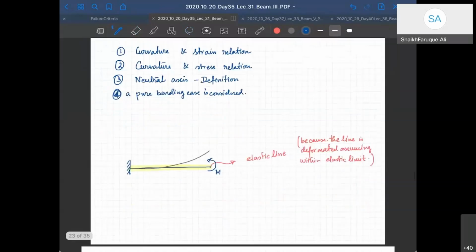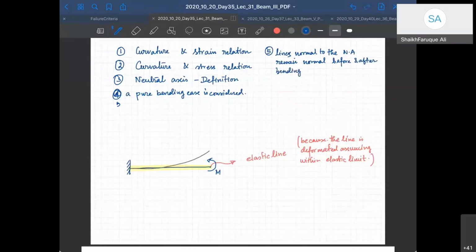Now, since plane sections remain plane, next point, point 5: lines normal to the neutral axis remain normal before and after bending.